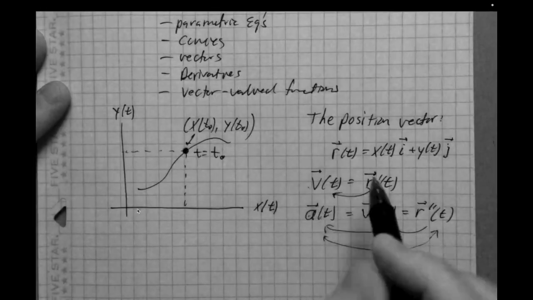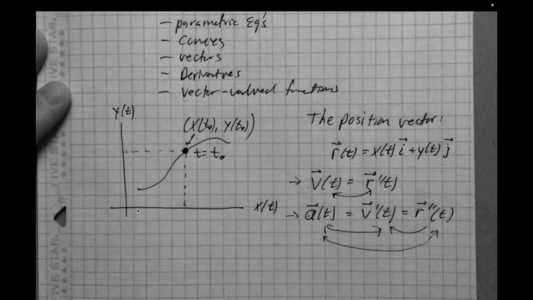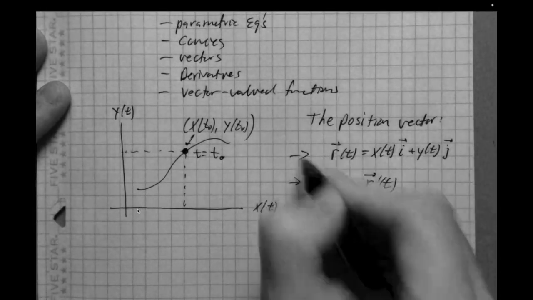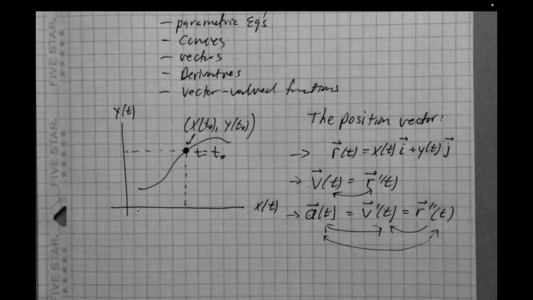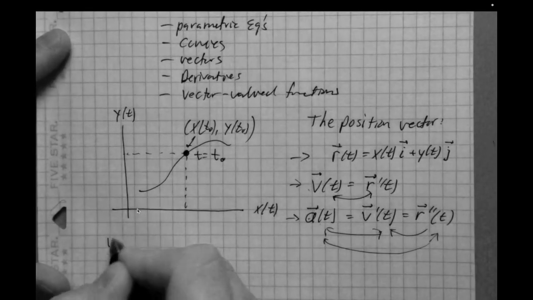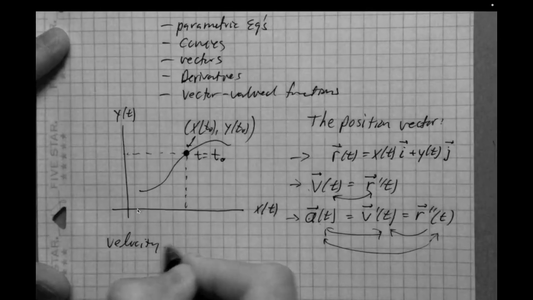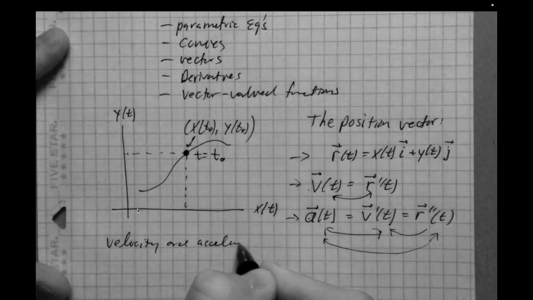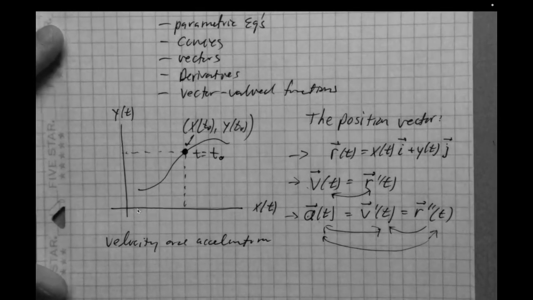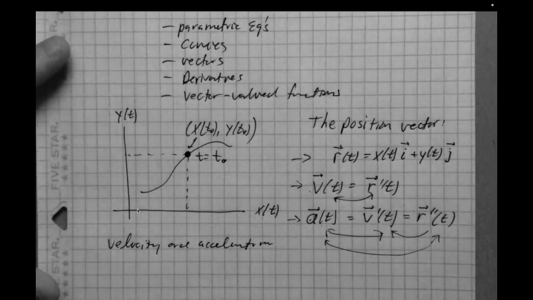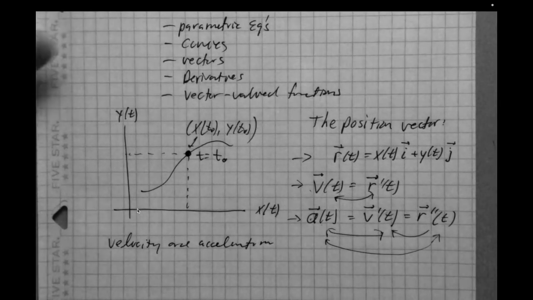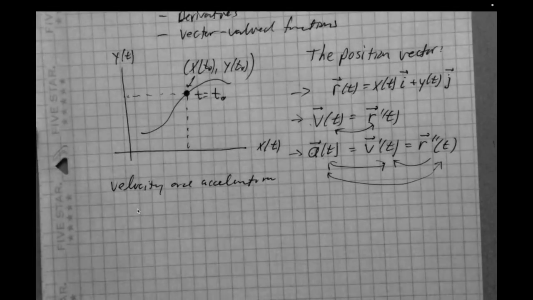This is the big idea that we want to explore here: the relationship between position, velocity, and acceleration. Recall that velocity and acceleration are quantities with direction and magnitude, so they're appropriately modeled as vectors.